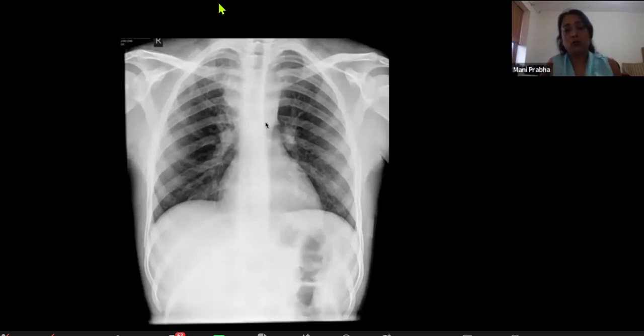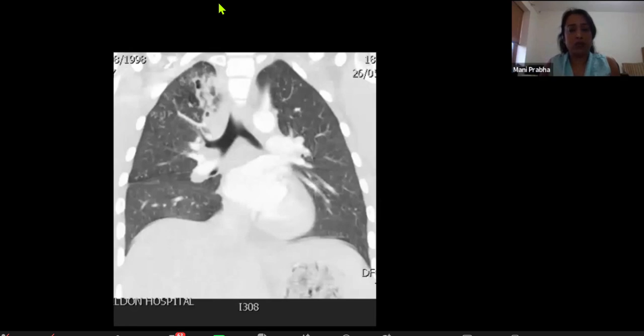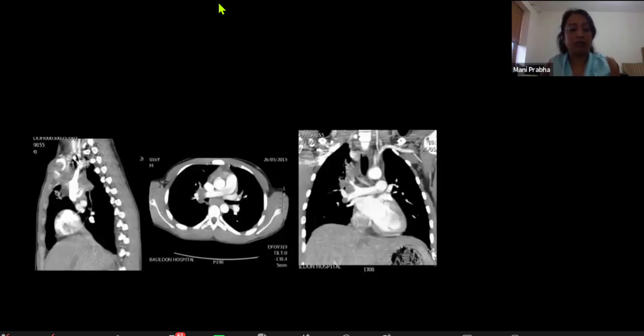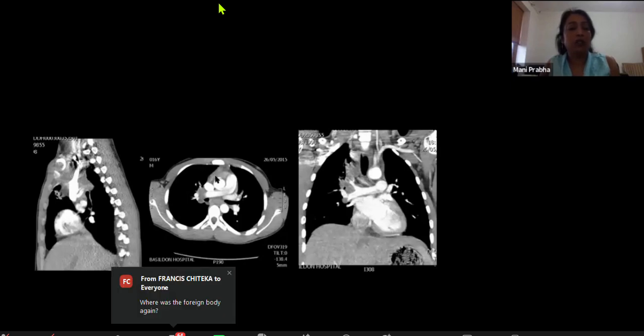The child is not a very young child, so we would like to do a CT scan, especially with these kinds of findings, to know what exactly is going on. And as I showed you earlier, we see a cavitatory lesion with some amount of consolidation, fibrosis, and hilar and mediastinal lymph node enlargement. This is most likely TB and needs to be correlated with the lab tests.